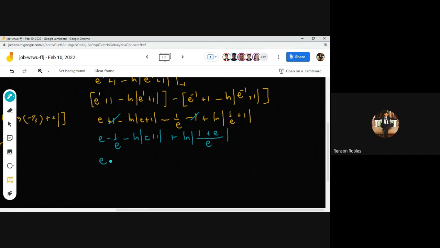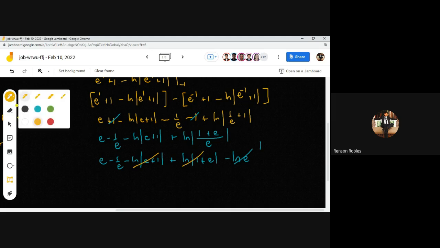Now you have e minus 1 over e minus ln e plus 1 plus, paghihiwalayin ko na to, ln x over y is ln x minus ln y. Ln 1 plus e minus ln of e. And you know that ln e is 1, right? So then this will become 0.